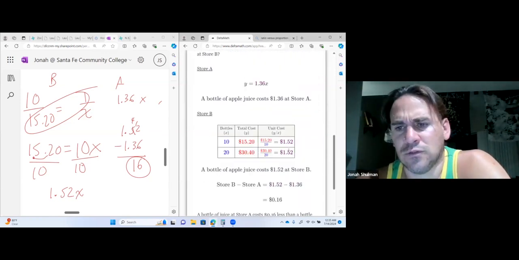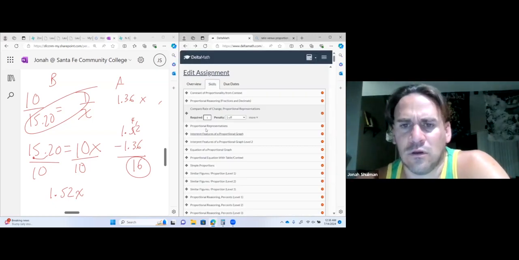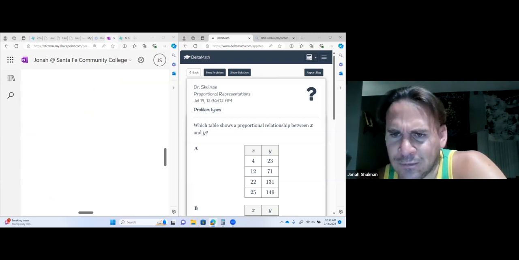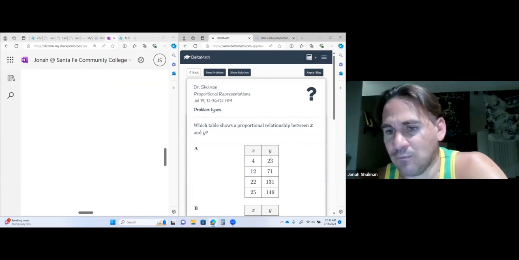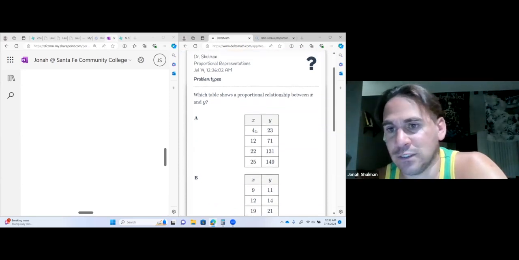Nice. Really cool with the graph. I like it. All right, let's do a proportional representation. Which table shows proportional? For a proportion, it just means it has to go up by the same rate for both. It doesn't matter if it goes up by ones here and ones here.